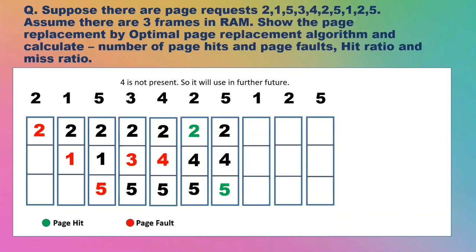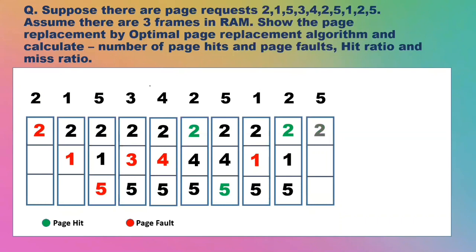So 4 is replaced by 1, so 4 will be swapped out and 1 comes inside RAM. Next 2 is present inside RAM, so that is a page hit. Then 5 is also present inside RAM, so that's also a page hit. So now all our page requests are over. So that is how the optimal page replacement algorithm works.